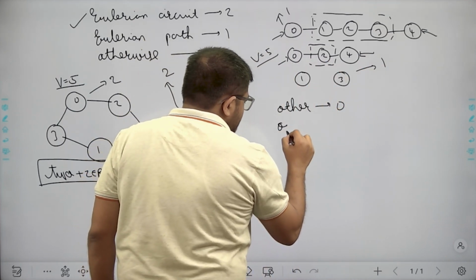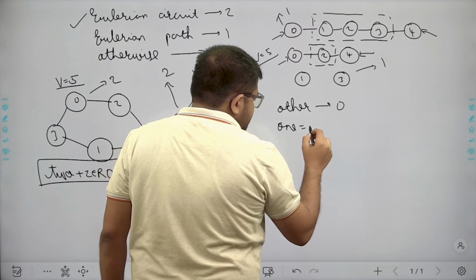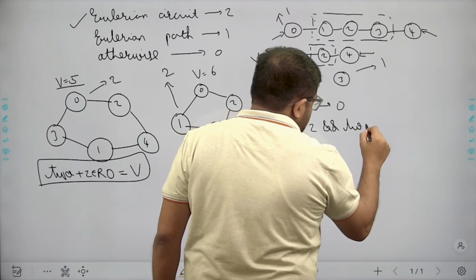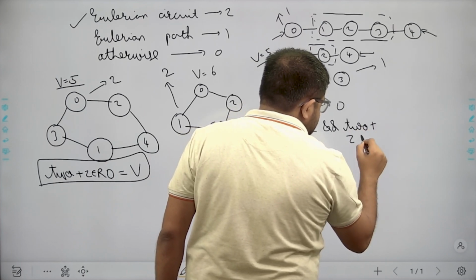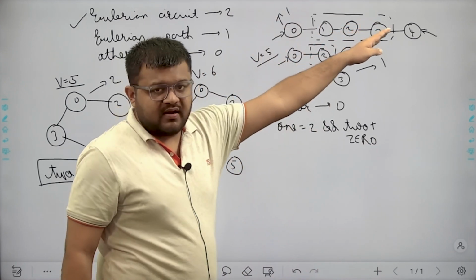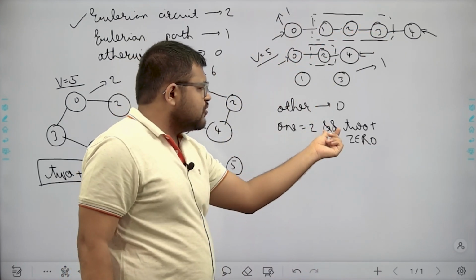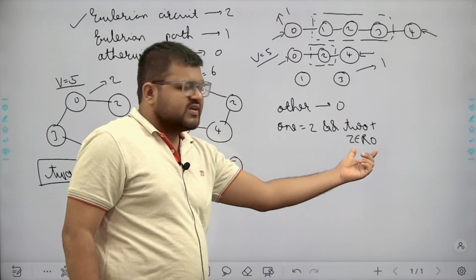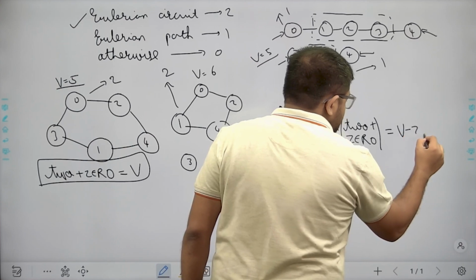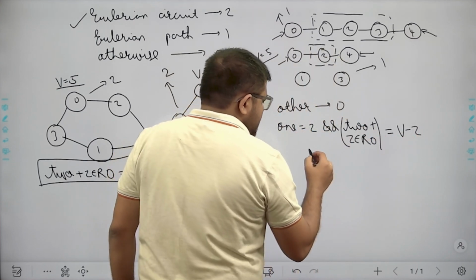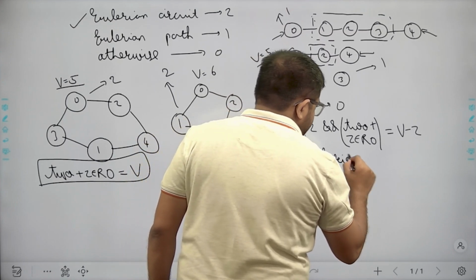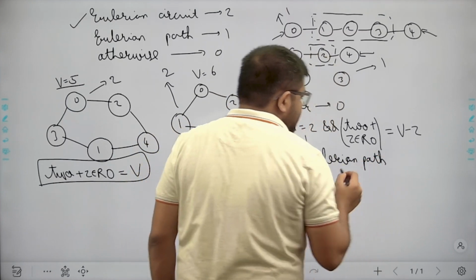So if the number of vertices with degree 1 is 2, that is the end vertices of the Eulerian path, and the number of vertices with degree 2 plus the number of vertices with degree 0 is equal to V minus 2, because 2 are covered here, then in this case we have a Eulerian path, and in all the other cases we will return 0.